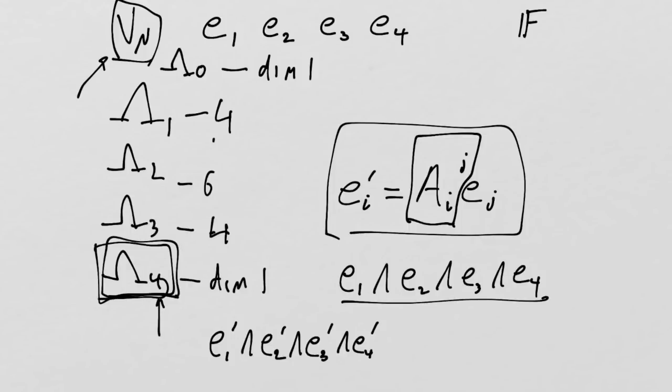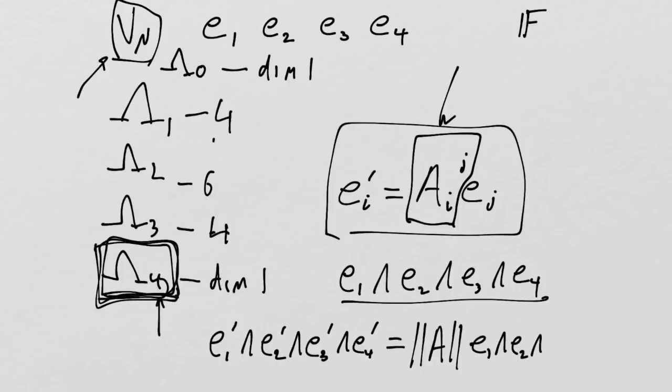So this is the basis vector of the fourth exterior power in the original basis, and this is the basis of the fourth exterior power after you change to the prime basis using this matrix right here. But we know that this has to equal the determinant of A times the old basis, E1 wedge E2 wedge E3 wedge E4. And the determinant of A completely drives this whole thing. This, by the way, is called the volume element, as a reminder.